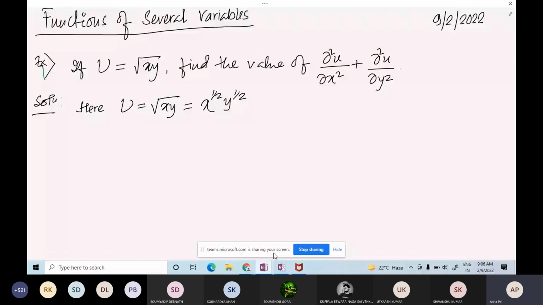I have given this one, if theta is equal to t to the power n, that problem. No, ma'am. Okay, let us take this one.